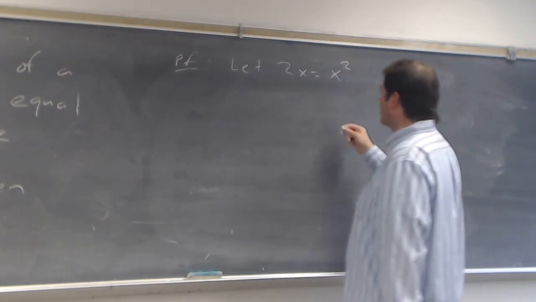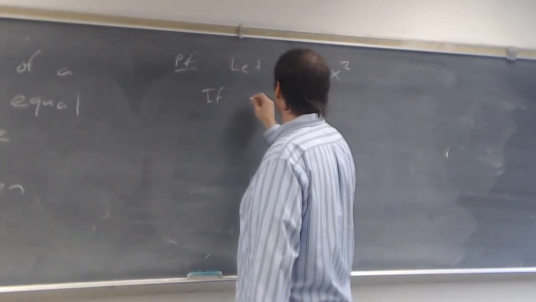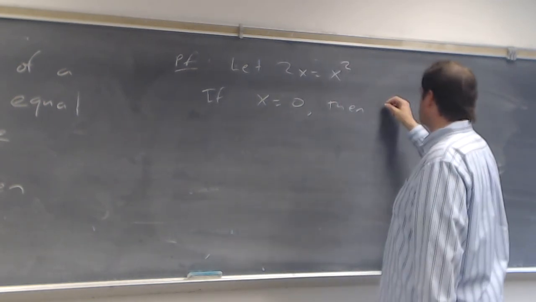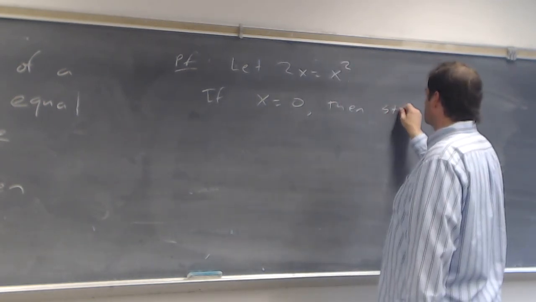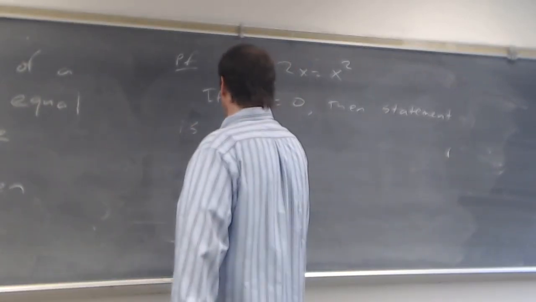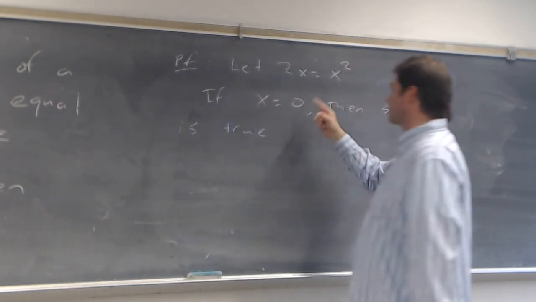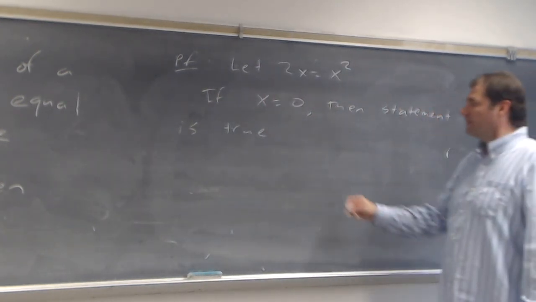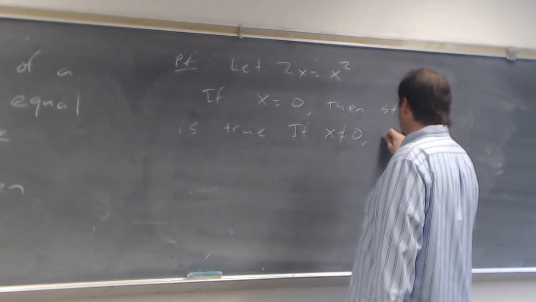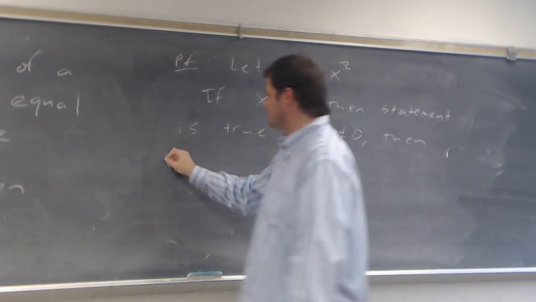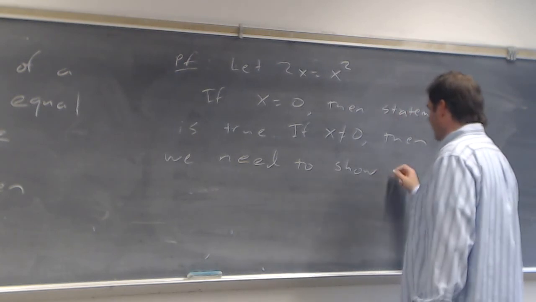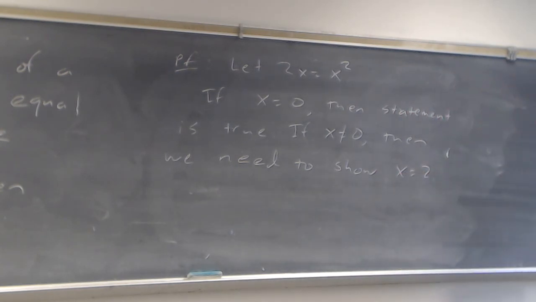Okay, so what I'll say is, if x equals 0, then the statement is true. Remember, our conclusion is that we will show x is 0 or x is equal to 2. If x is not 0, then we need to show that x equals 2. And that's what I've got to do.